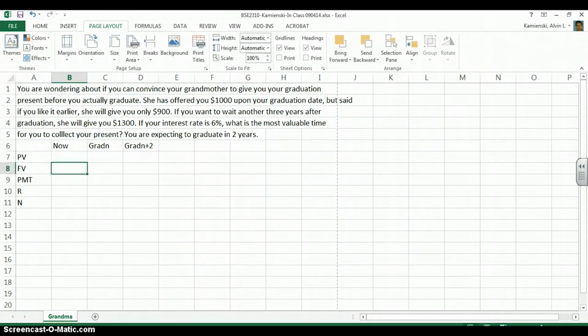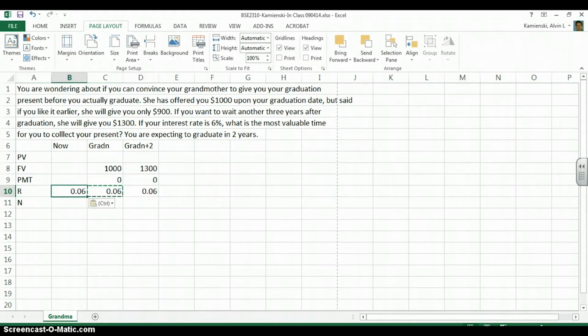We saw that if you waited until graduation, you would get $1,000, or if you waited beyond graduation, you would get $1,300. In each case, there were no payments. The rate is 6% for all of these cases.